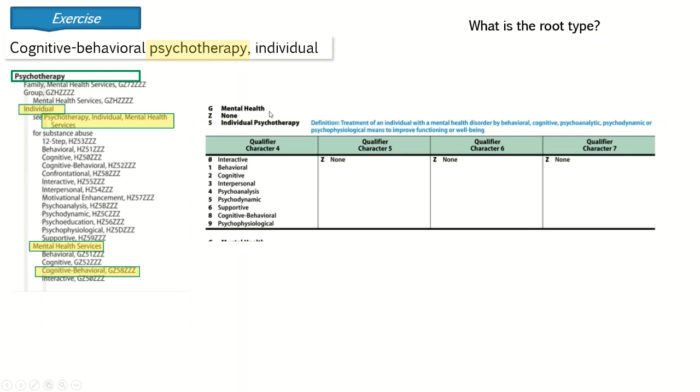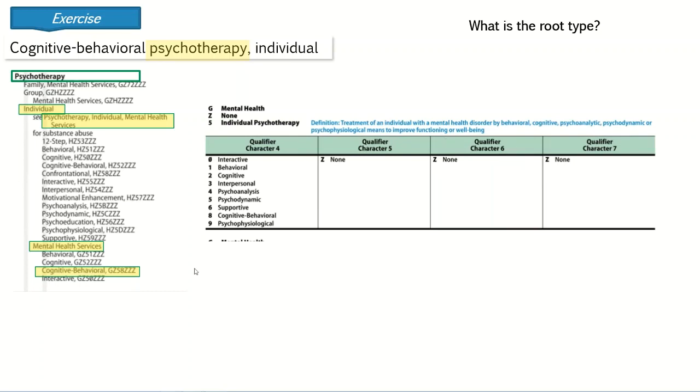GZ5, mental health, none, individual therapy. Now, individual therapy is treatment of an individual with a mental health disorder by behavioral, cognitive, psychoanalytic, psychodynamic, or psychophysiological means to improve functioning or well-being.